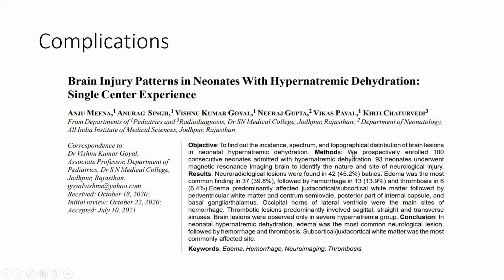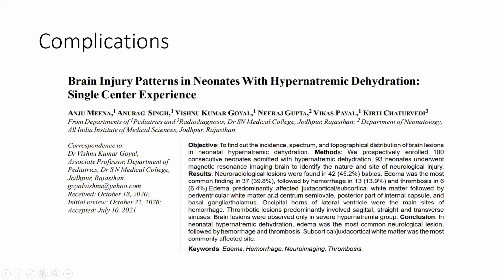So when you look, for example, they say neuroradiological lesions were found in 42, which is 45 patient babies, and the edema was the most common finding at 39.8%, followed by hemorrhage at 13.9%, and thrombosis in 6.4%. That's the study they did for neonatal hypernatremic dehydration.